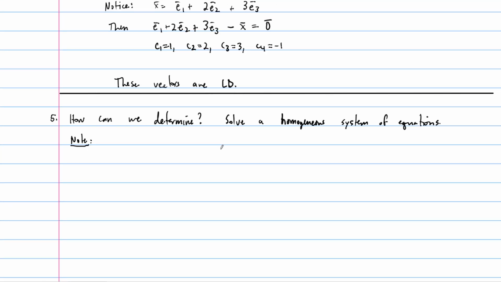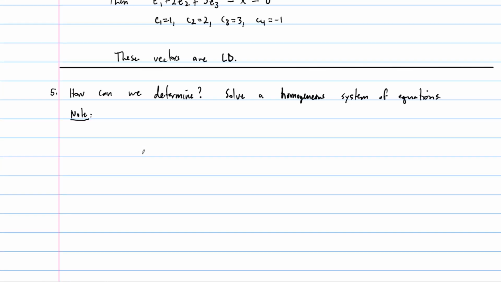Okay, so let me write that down and then we'll see more closely how that works. So if we are given more than n vectors, so let me write it as m greater than n vectors in a vector space Rn, then they must be linearly dependent.